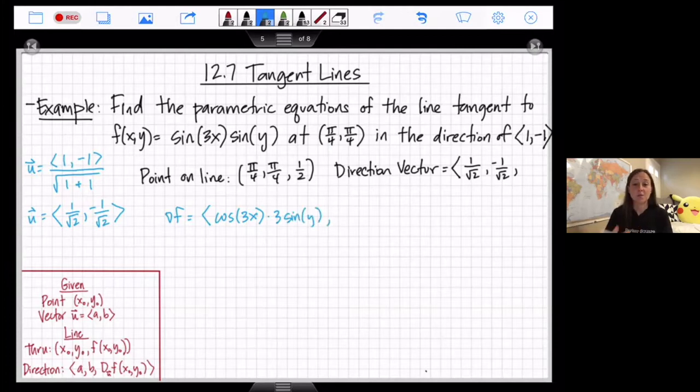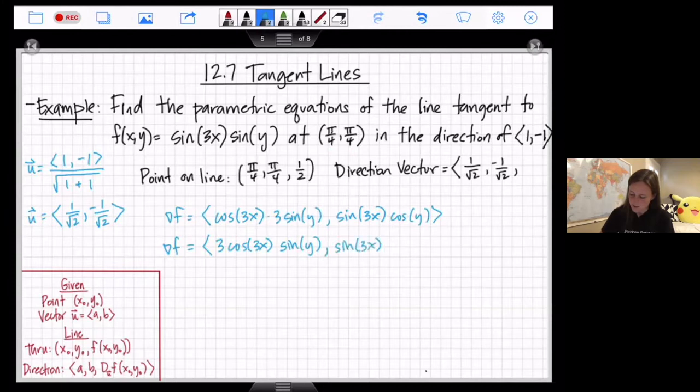So now sine 3x is the constant. It's just going to hang out as a coefficient. Derivative of sine y is cosine y. Okay, and I guess I could make that first component a little prettier if I pull the 3 out front. So 3 cosine 3x sine y, comma sine 3x cosine y.